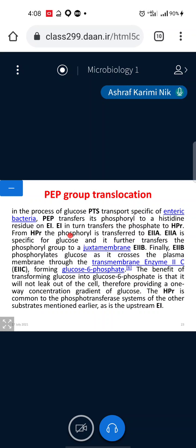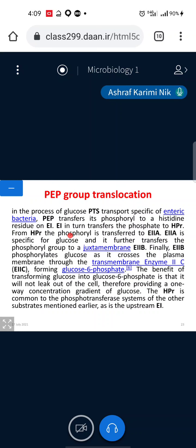And in the process of glucose PTS transport, glucose transport via the PTS system is specific for enteric bacteria. Enteric bacteria like E. coli, Escherichia coli.